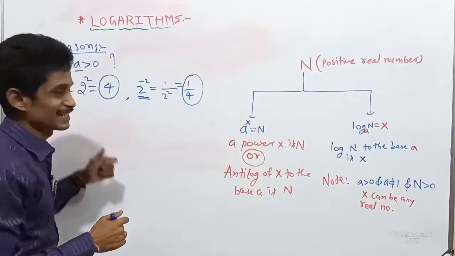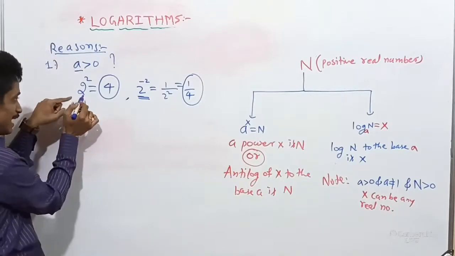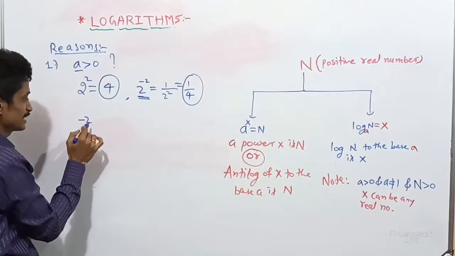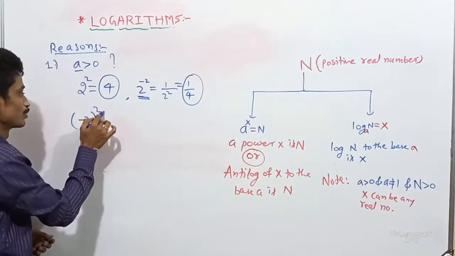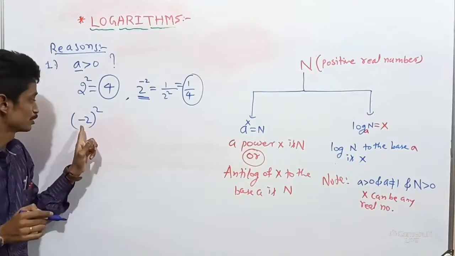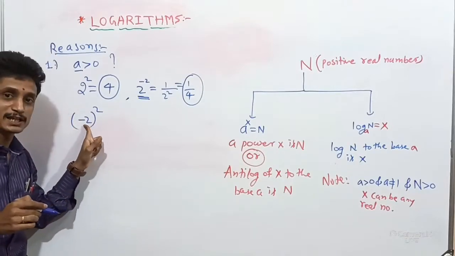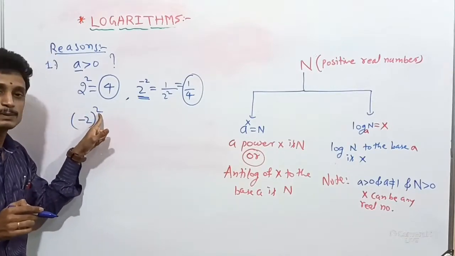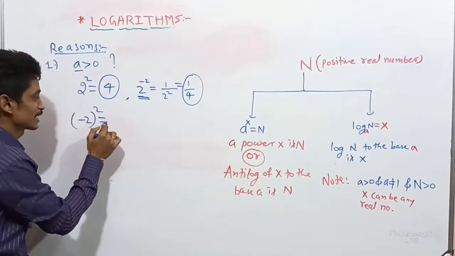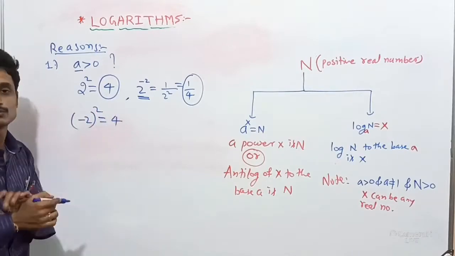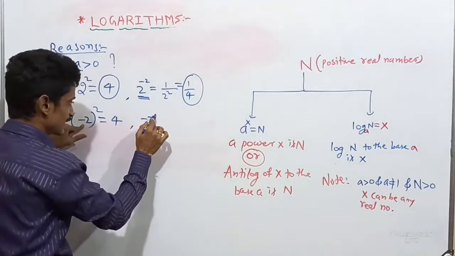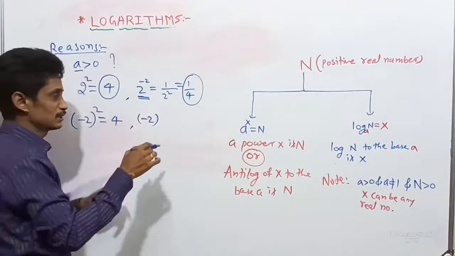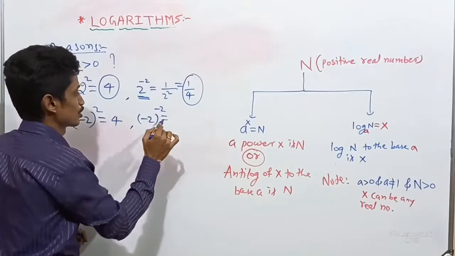Now go to the second case. Now I will assume the base can be a negative quantity, but the power is a positive quantity. Observe properly. Base is a negative quantity, power is a positive quantity. What is your actual answer? Same, 4. Now, base is a negative quantity, and power is also a negative quantity.